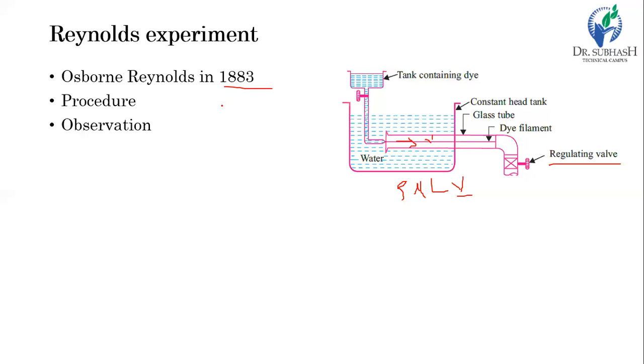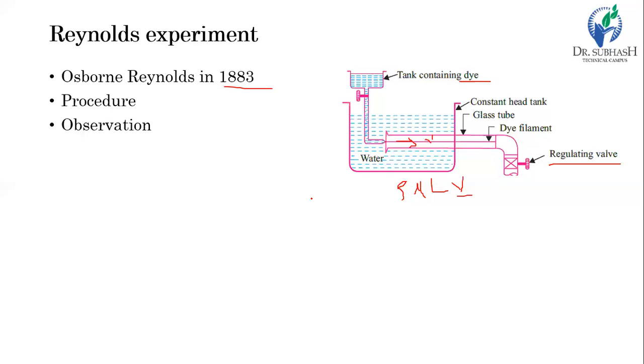First, he arranged all the equipment like this, and with the help of the valve, he allowed the dye to flow in this pipe, and he observed the line made by the dye, or any other colored fluid filled in the tank. By controlling the velocity from the regulating valve, he could vary the velocity in the pipe.